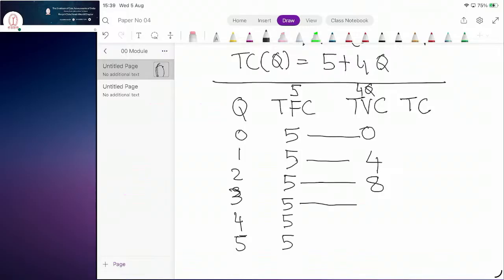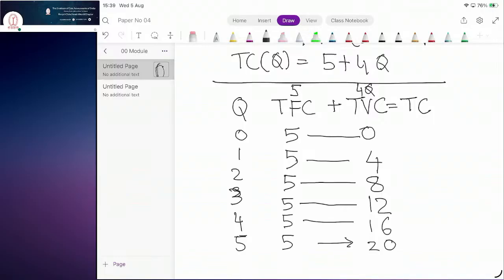Next, 12, very good. 16, correct. And the last value? 20. Sorry, what was the last value you said? 20. Correct, 20. Then total cost, TFC plus TVC is equal to TC.